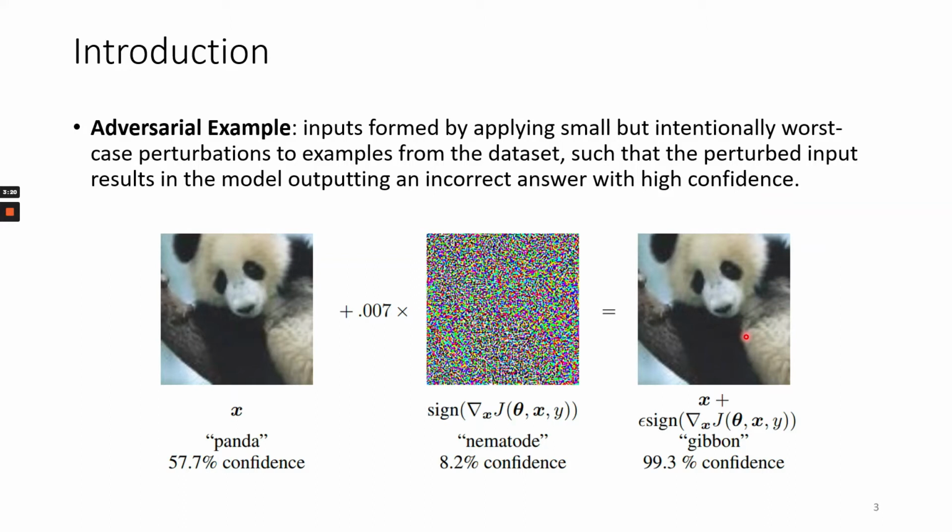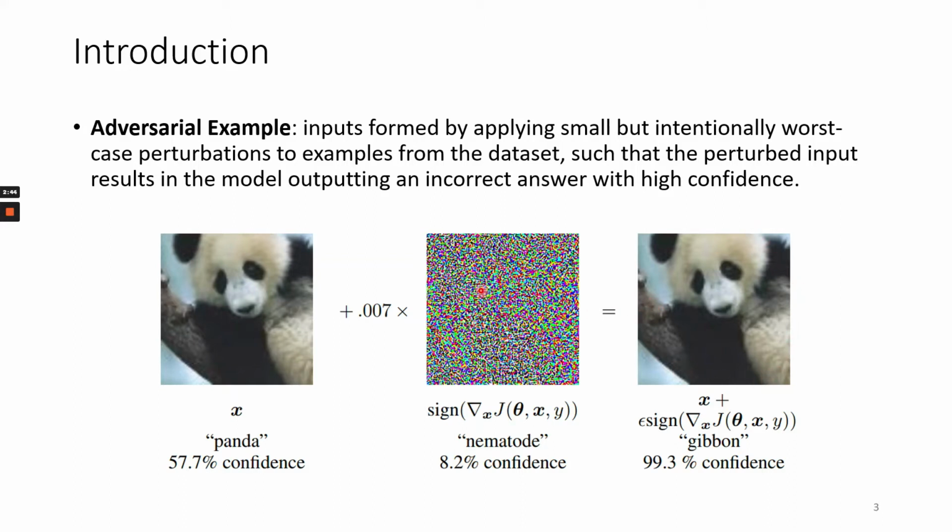This perturbed output image is being classified as a gibbon with very high confidence of 99.3%, which means that the machine learning model has been fooled. We claim it is fooled because the image to a normal human eye is still that of a panda, whereas it is being classified as a gibbon. So we can say that the machine learning model has been fooled.